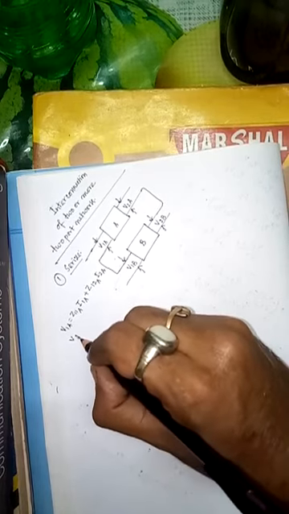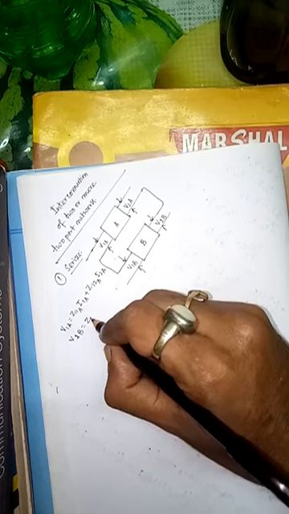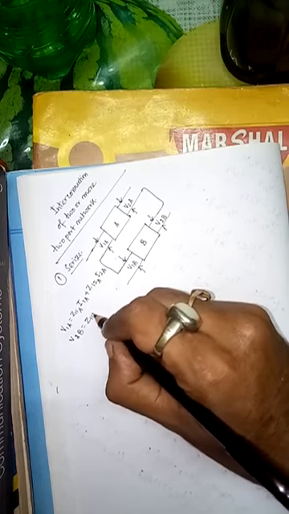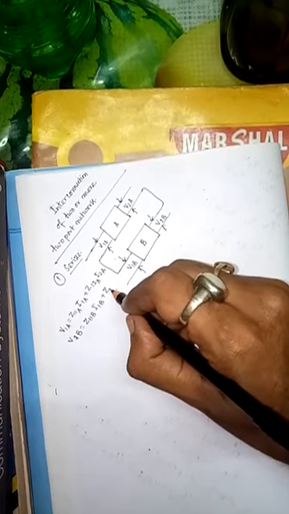Again V1B equals Z11B I1B plus Z12B I2B.